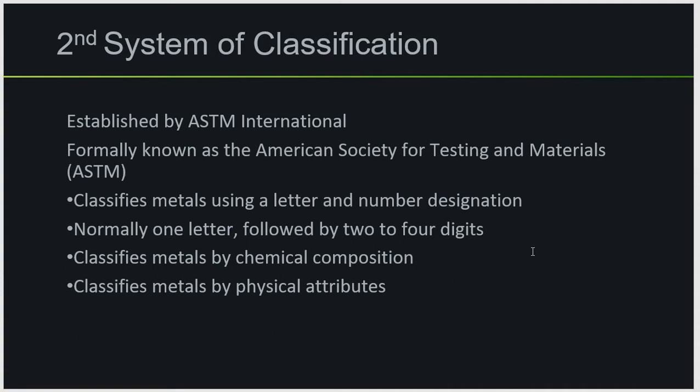So again, a little bit of the alloying elements, but it also focuses on things like tensile strength. So every classification in this system is going to be based on both of those. It's going to include information on the chemical composition and the strength of that piece of steel. And it's going to be typically a letter followed by 2, 3, maybe even 4 digits.